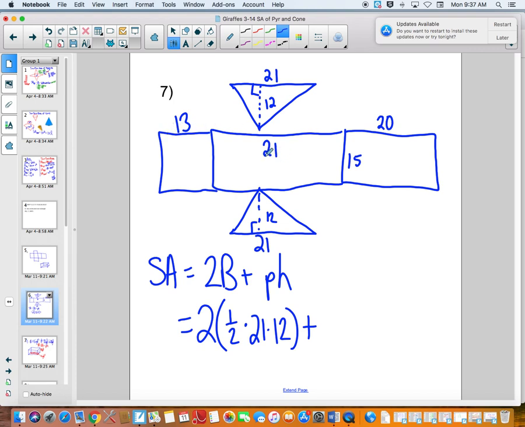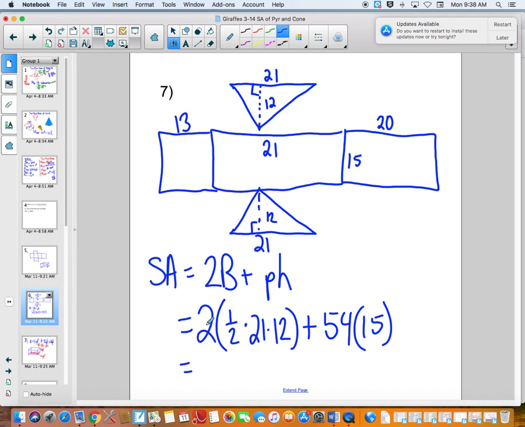So that would be 54 times the height of all 3 of those rectangles. Nice thing that 2 times 1/2 is 1.